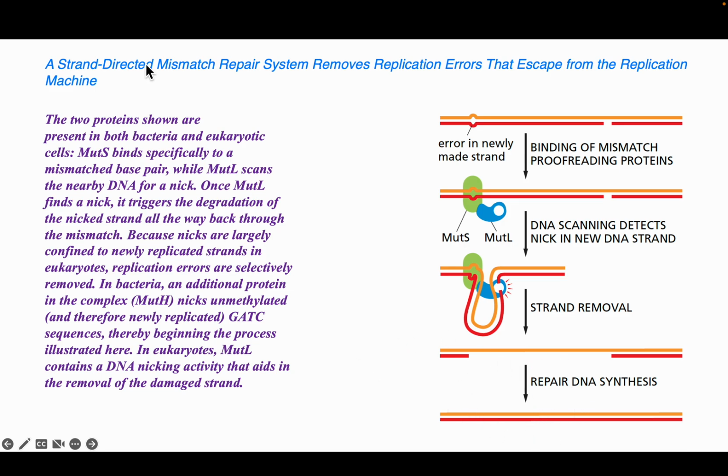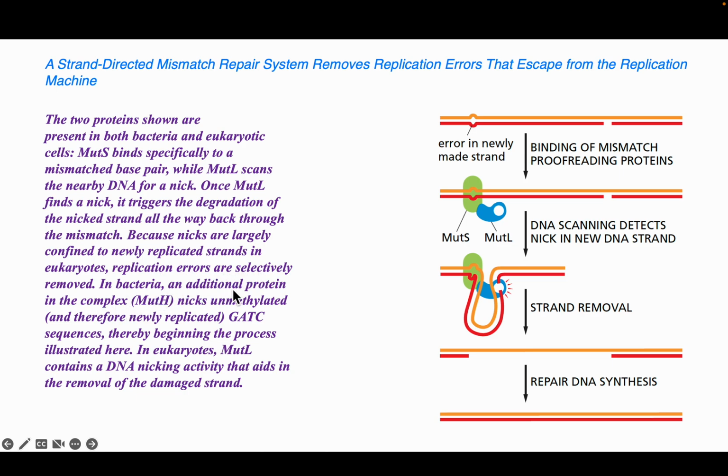There are two proteins in both bacteria and eukaryotes. MutS binds specifically to a mismatched base pair, while MutL scans the nearby DNA for a nick. When MutL finds a nick, it triggers the degradation of the nicked strand all the way back through the mismatch. Because nicks are largely confined to newly replicated strands in eukaryotes, replication errors are selectively removed.